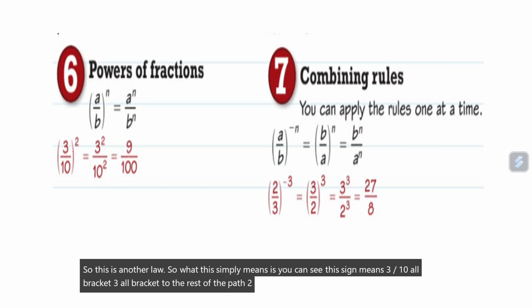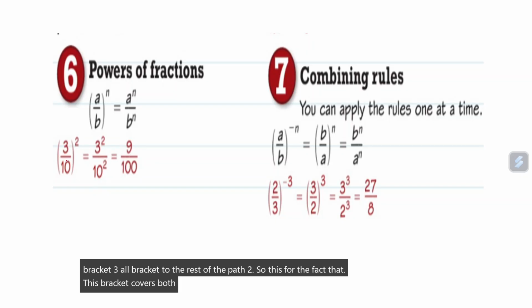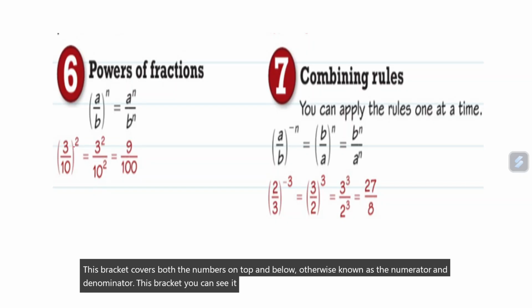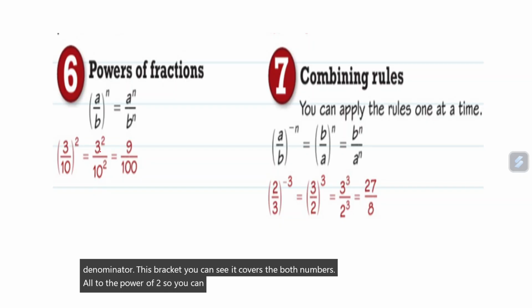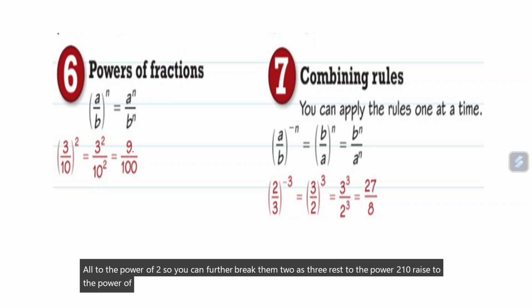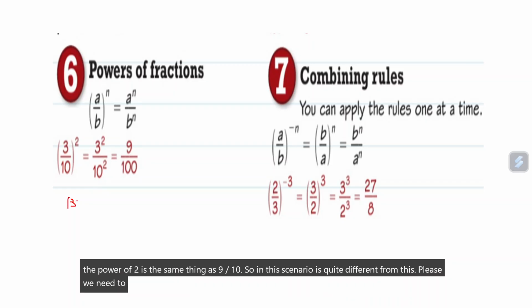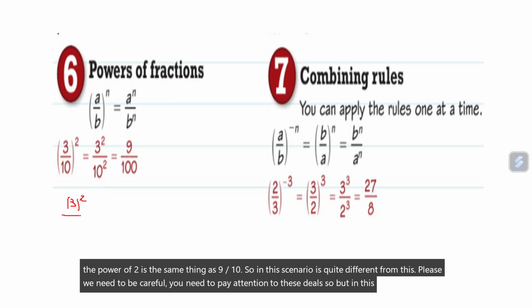For the fact that this bracket covers both the numbers on top and below, otherwise known as the numerator and denominator, all to the power of 2, you can further break them into 3 raised to the power of 2 over 10 raised to the power of 2, which is the same thing as 9 over 100. In this scenario, it's quite different from this. Please, we need to be careful. You need to pay attention to these details.